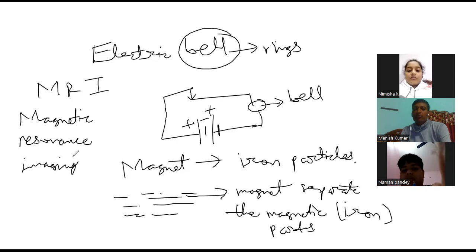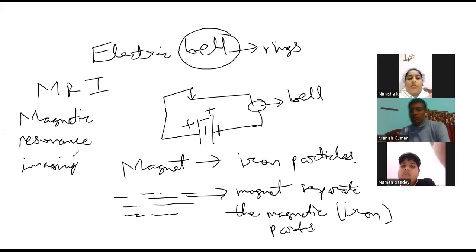There are many patients whose problem you can't find out, but when MRI is done, you can easily find out what the problem is. Only then can you take any solution for that. Mostly it is in large hospitals because it's very costly. It can't be used by simple persons, not by local doctors. So the magnetic effect is used by doctors also.